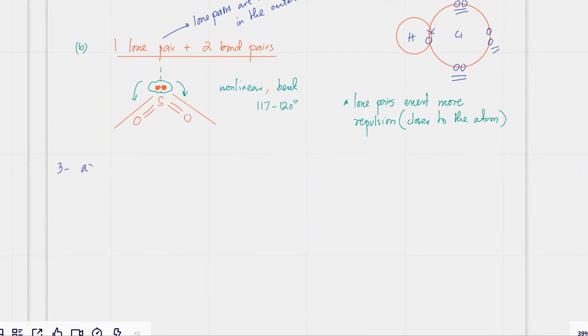And the first option in the third one, that's what if an atom has 4 bonded pairs? So an atom is making 4 bonds. Now, when an atom makes 4 bonds, one example is the CH4 that we did, the sp3 hybridization that we did. So that is tetrahedral.